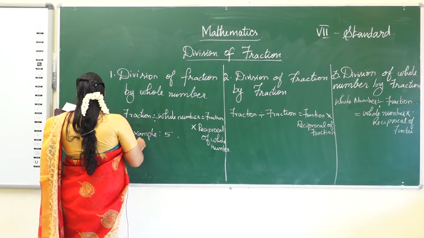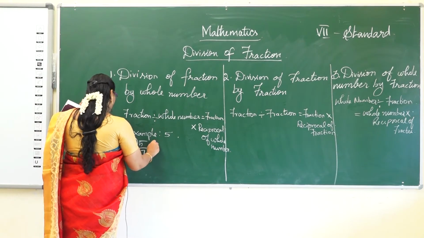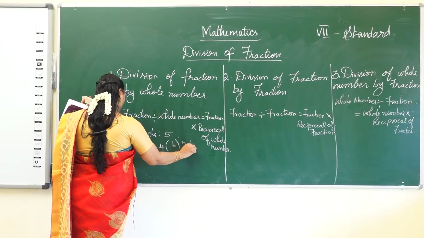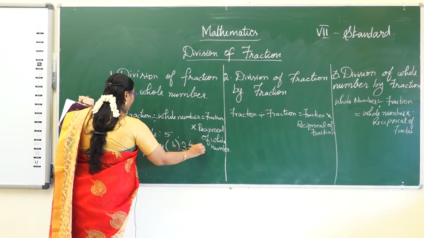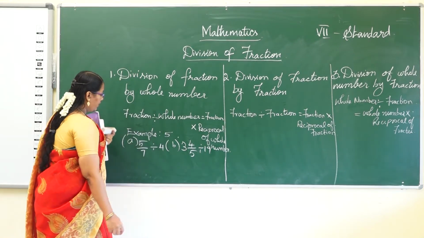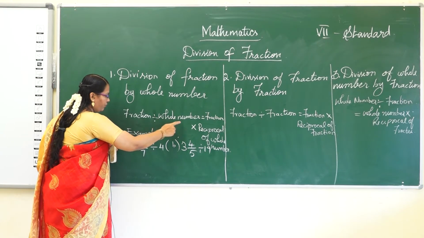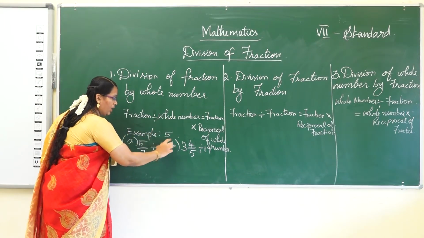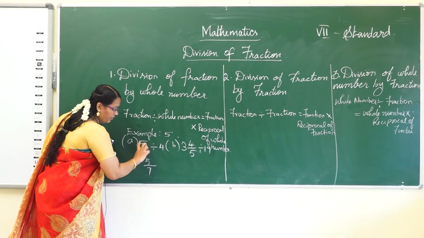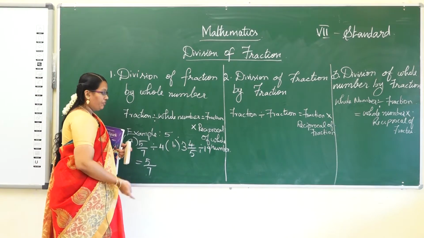Example 5. A: 5 by 7 divided by 4, and B: 3 4 by 5 divided by 19. First, fraction divided by 4. What is the formula? Fraction divided by the whole number is equal to the fraction multiplied by the reciprocal of the whole number.